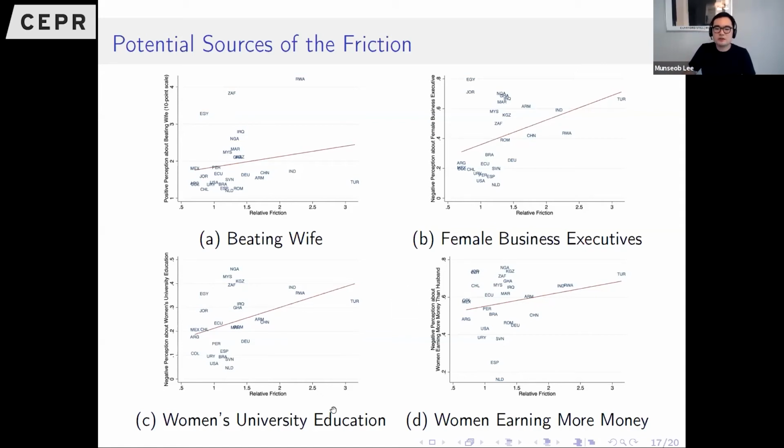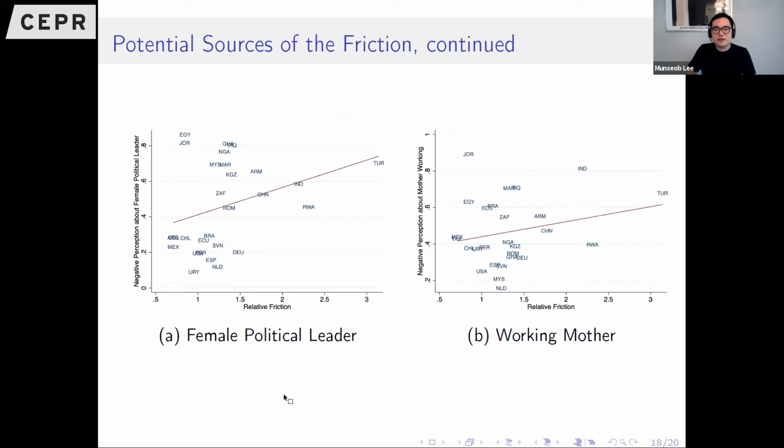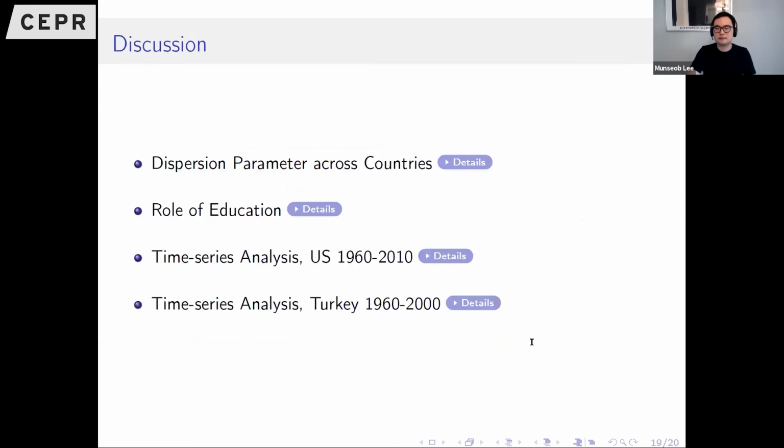Another potential source is human capital accumulation. This is also strongly associated with the measure calculated from the prices and the quantities. And the other two measures are the negative perception about female political leaders and the negative perception about working mothers. Again, still positively correlated.